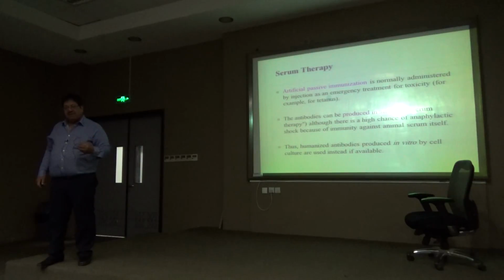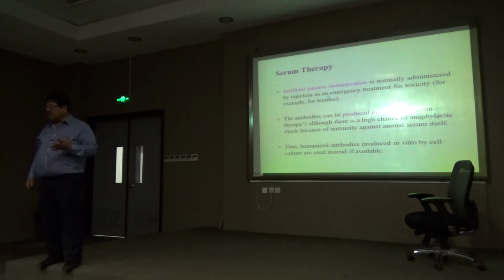It can give you results. It will protect you. If it's an anti-species antibody, you expect a certain amount of reactions, but these are reversible reactions. So now what they do is they have cells in the laboratory, human cells.